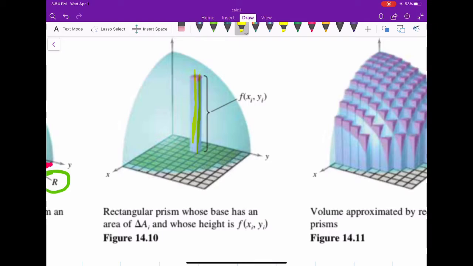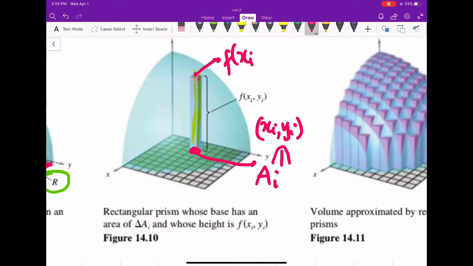How? They pick some arbitrary point. For example, this is a rectangle, let's say A_i. They pick some point (xi, yi) belonging to A_i. So they can find the function value right here, that is f of xi, yi.